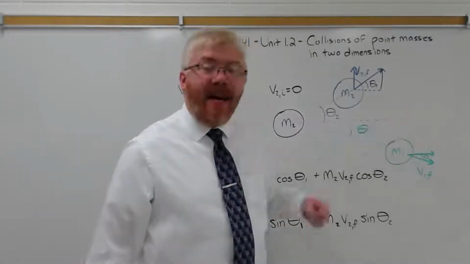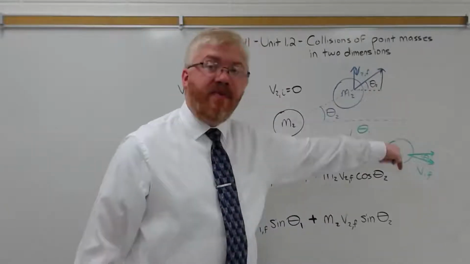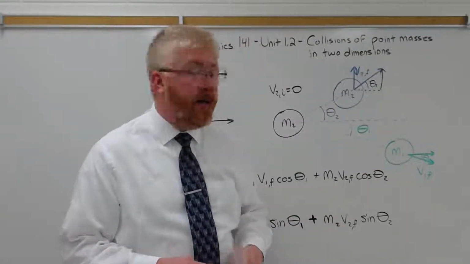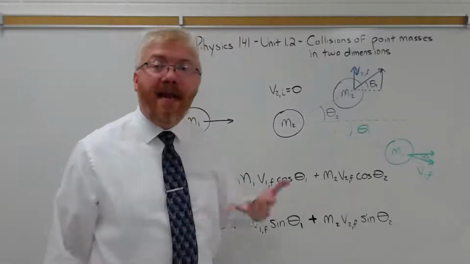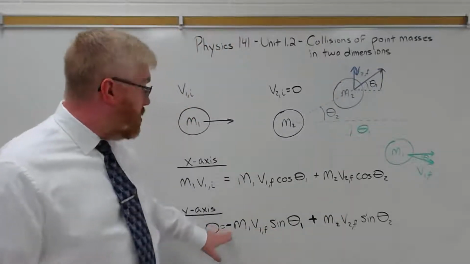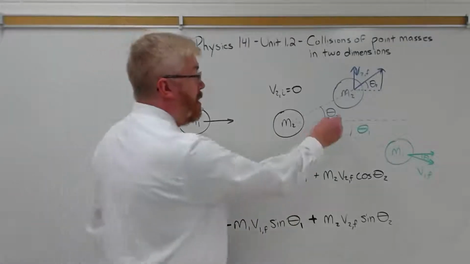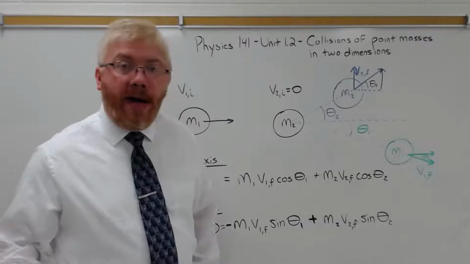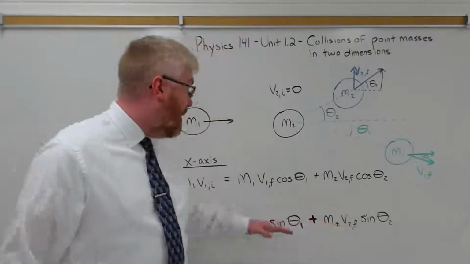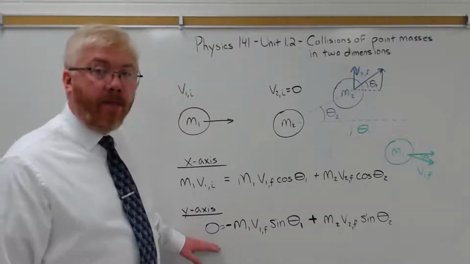Since I define downwards to be negative, M1 is going to have some component in the negative y direction. That's the component of its velocity. Therefore, the component of its momentum is going to be negative. So if you don't plug that in, if you use the angles as shown here, you'll get a wrong answer. You'll get two positive numbers that, when added together, won't equal 0.